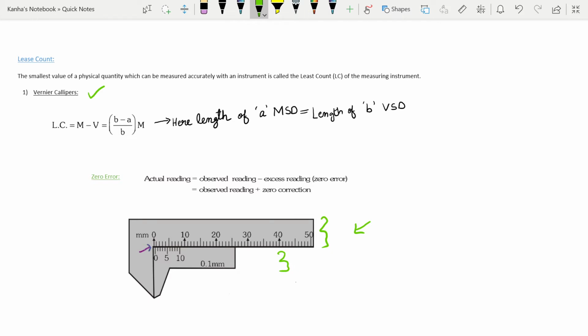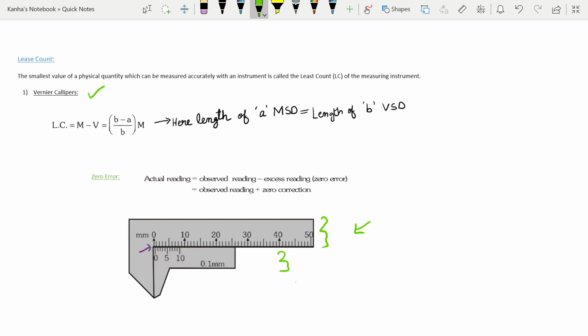What you want is, when nothing is there between the vernier calipers, the zeros of the main scale should coincide with the zeros of the vernier scale division, and if this is not the case, then the system has a zero error of its own. Okay, so what this means is when you start the experiment, your vernier caliper has already taken some value.